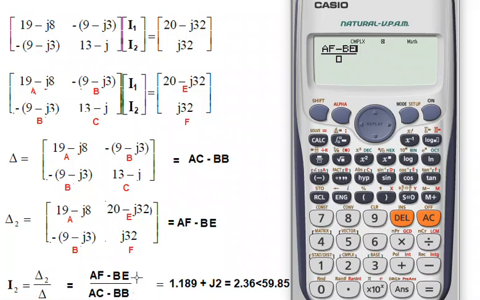You can see AF minus BE. And now to go to the denominator, we use this down button. So we are in the denominator, and in the same way we'll put AC minus BB.